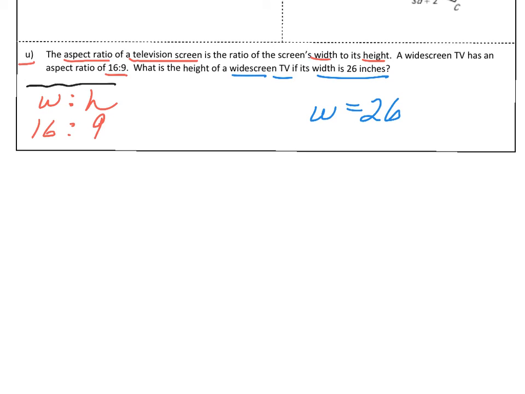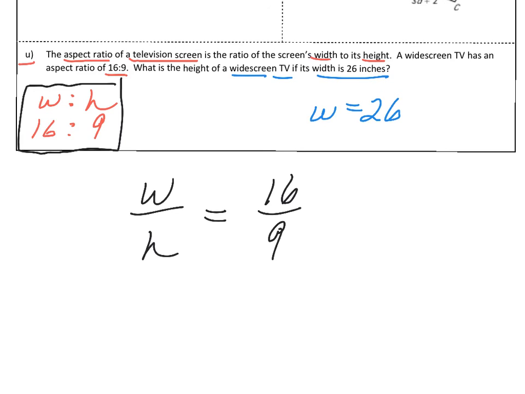So let's start off, let's rewrite this in that fraction form. So what I'm saying is that width to height is equal to 16 to 9. Well, now let's replace my width with what we have. They told me that my width is 26, and I want to solve for that height. Now it's in that familiar proportion form that we've dealt with.